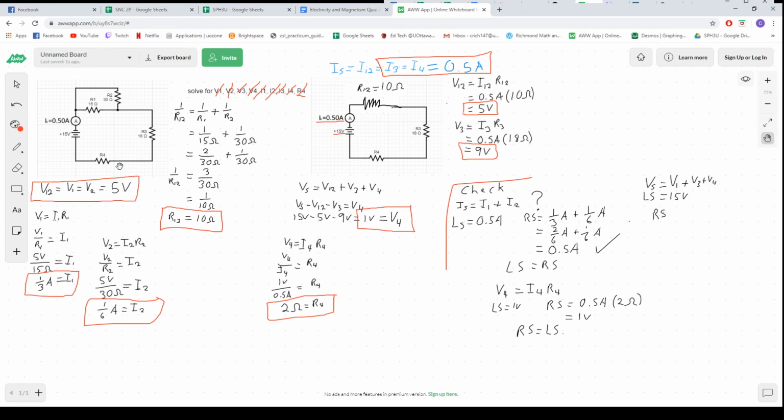Right side, this is going to be equal to V1, which is 5, plus V3, so there's V1. V3 was over here, 9 volts. 9 volts plus our V4, which is over here, 1 volt.